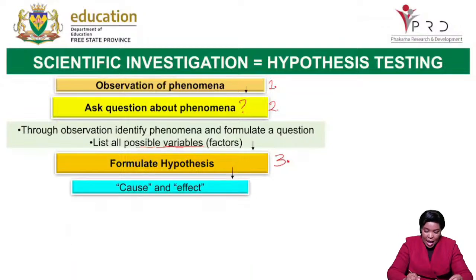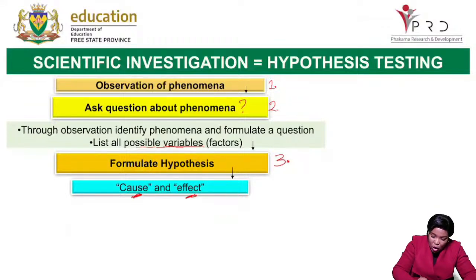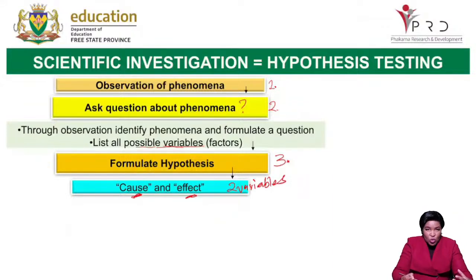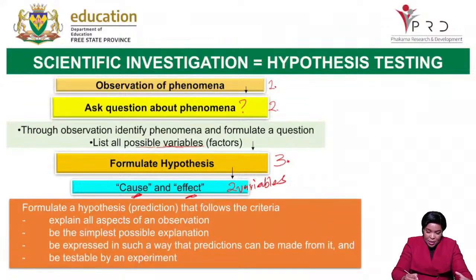So from this hypothesis, you are going to identify your cause and effect. Tell us that this is happening, which is the effect, because of this. Then you will tell us what is the cause. So your hypothesis will always have 2 variables. The cause and effect is talking about the 2 variables. Remember, we said we must see the relationship of those 2 variables in the hypothesis.